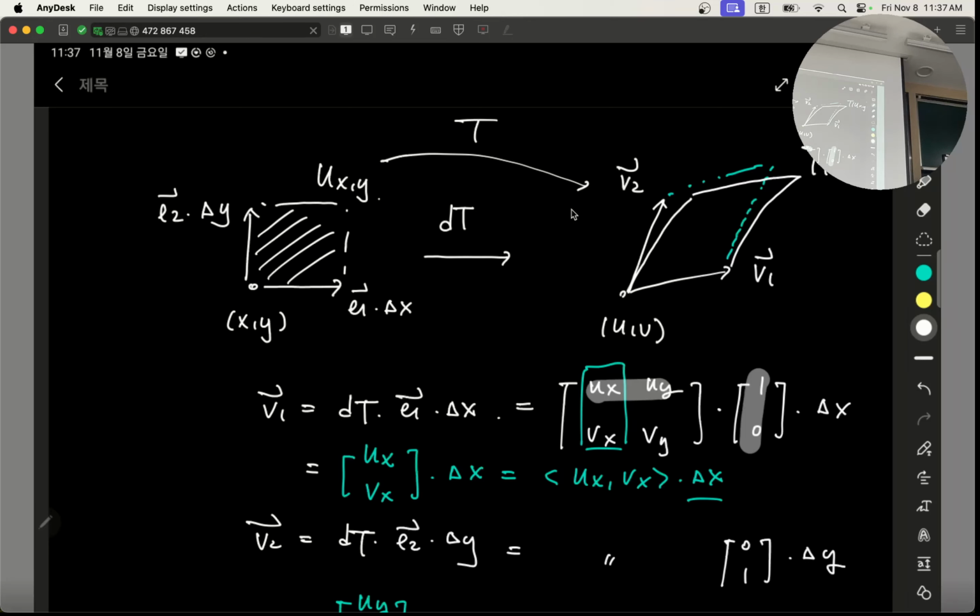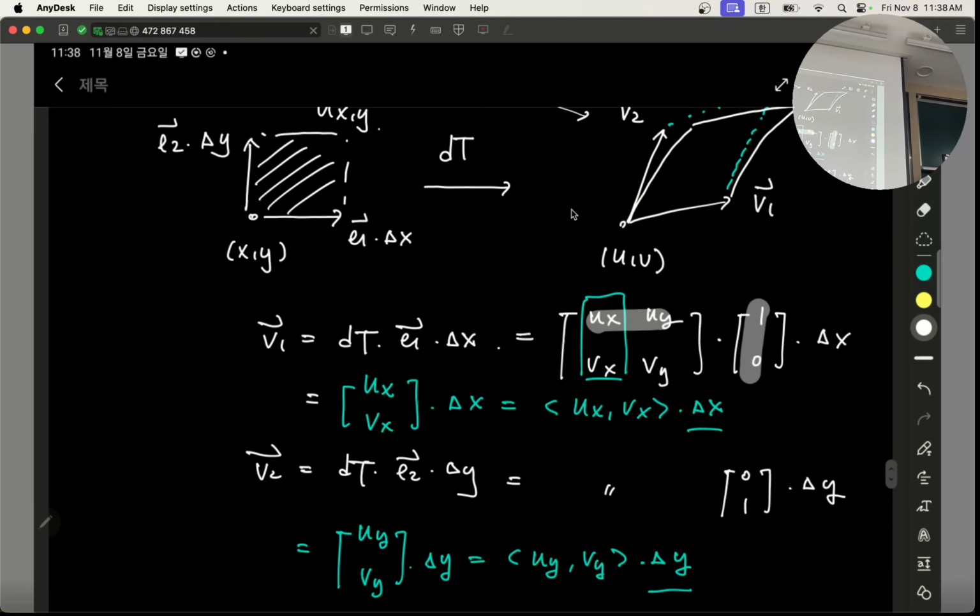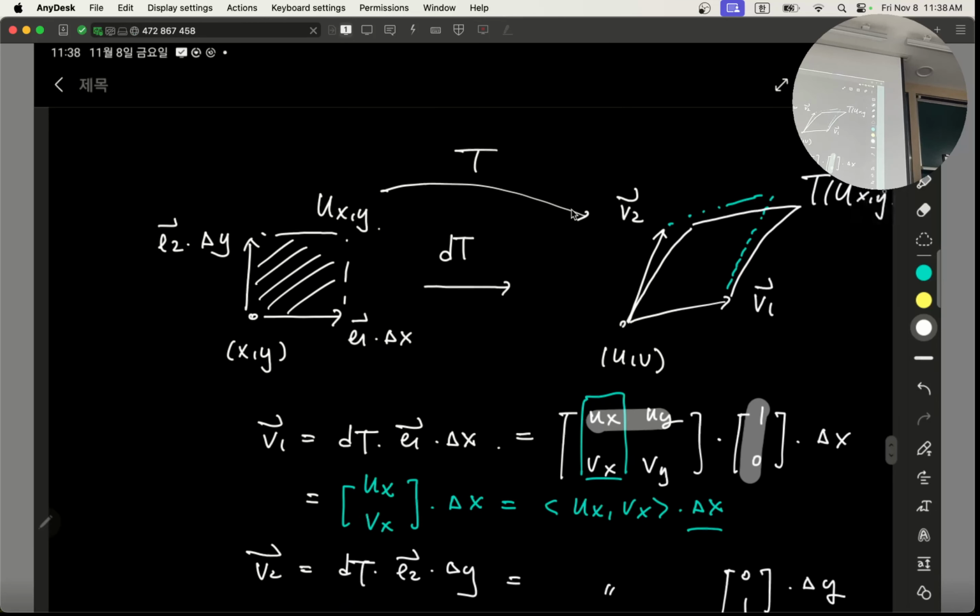But since, as I said, the vectors are small, we're taking small increments or small changes, and you can imagine these are almost the same thing. So I can take the area of the parallelogram bounded by V1 and V2 to approximate the area of our image.